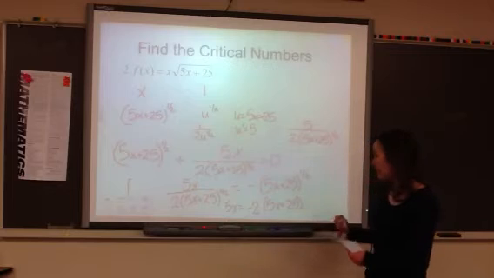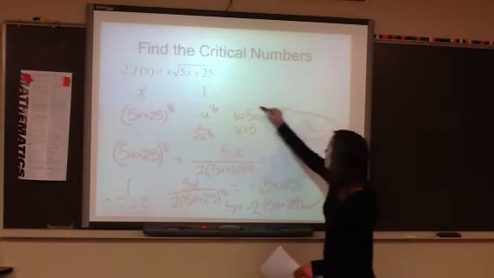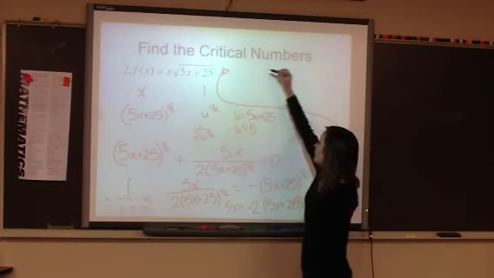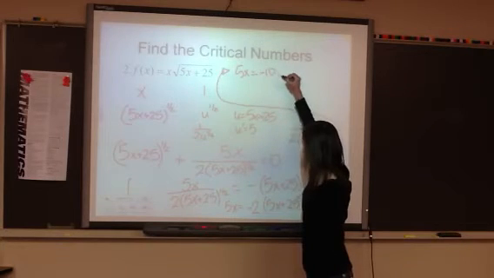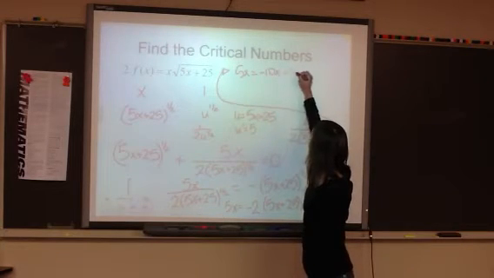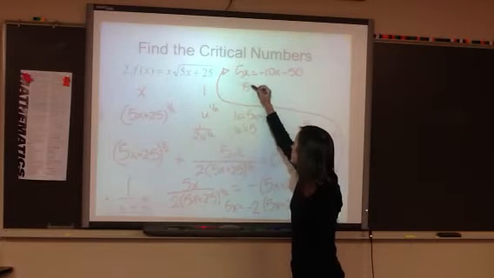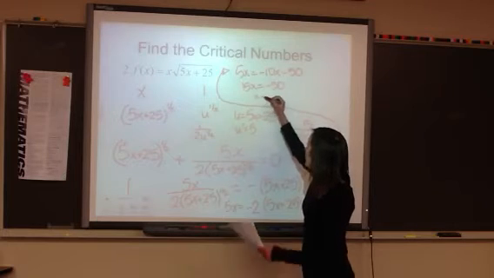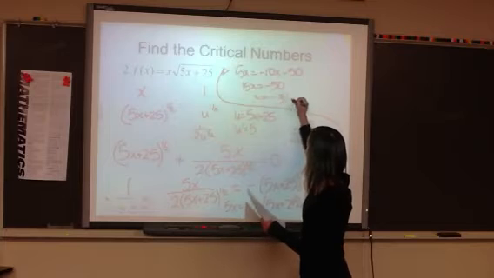Then I would distribute this out. So then I'm going to come all the way back up to the top. I would get 5x equals negative 10x minus 50. So I'm going to solve for x. I got 15x equals negative 50. Divide by 15, and you get negative 3 1/3.